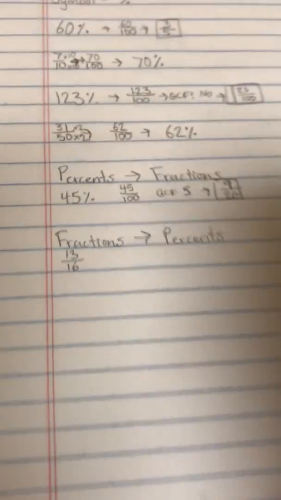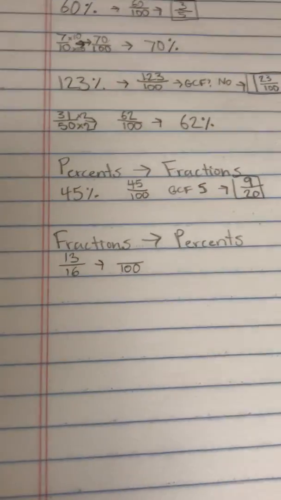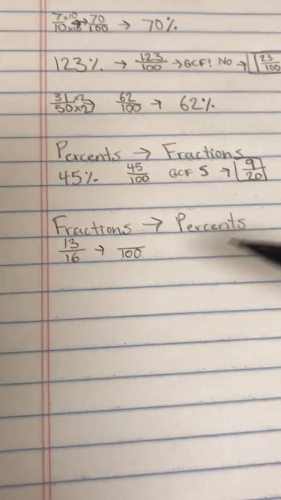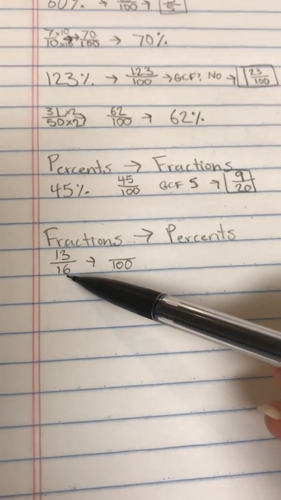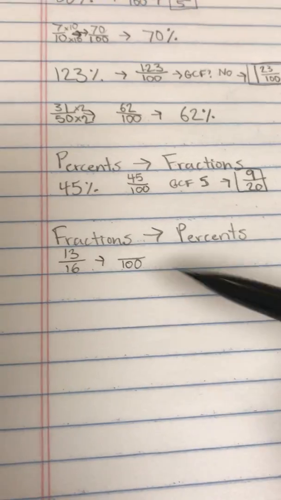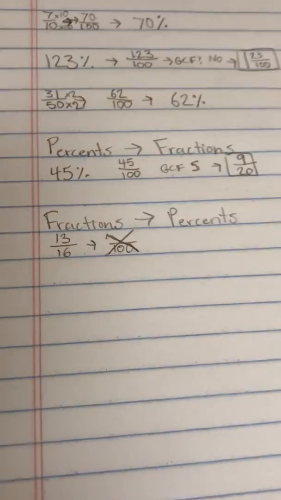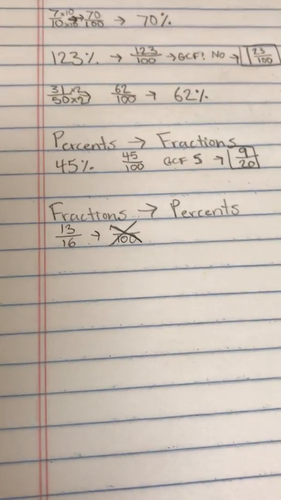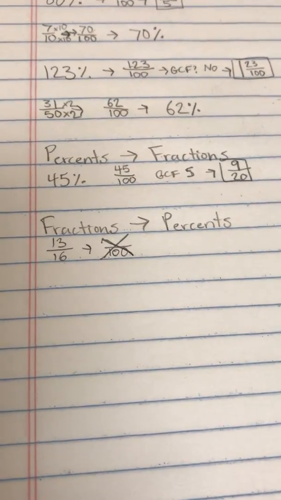All right, guys, when this happens, I normally tell you, keep that 100 denominator going through, but we can't do that with this one, all right? We're going to have to work it out all the way through. Nothing times 16 will give you 100. So we're going to have to eliminate this method when we get to problems like this, okay? But don't fret, we're just going to divide out our fraction like we've done in the past, all right?